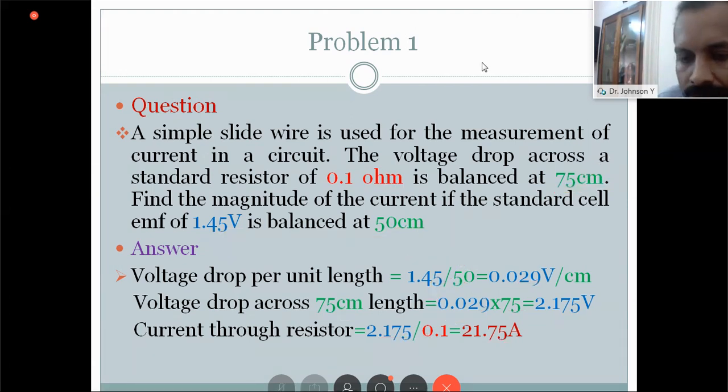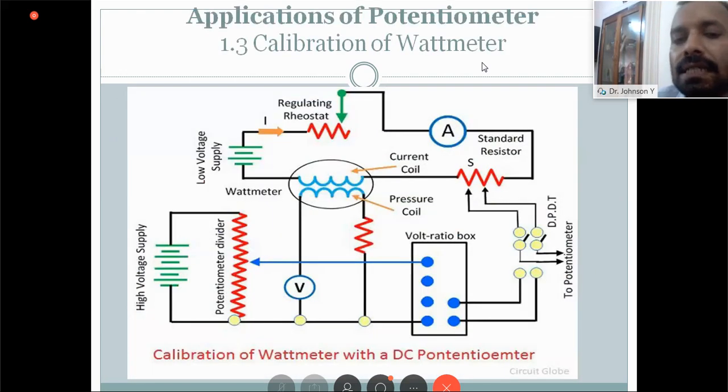Then the other application, that is calibration of wattmeter. We earlier studied the ammeter and voltmeter, both are studied. Actually, the wattmeter is a combination of voltmeter and ammeter. The calibration of voltmeter and ammeter are separately done, and then when it combines together, that will give the calibration of wattmeter.